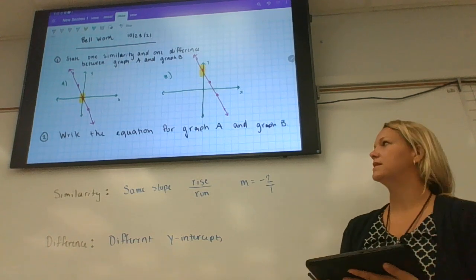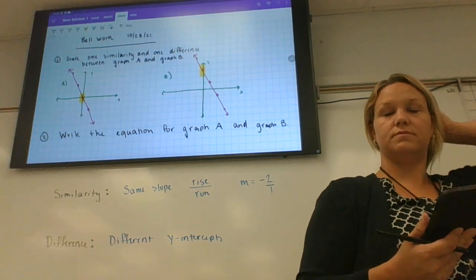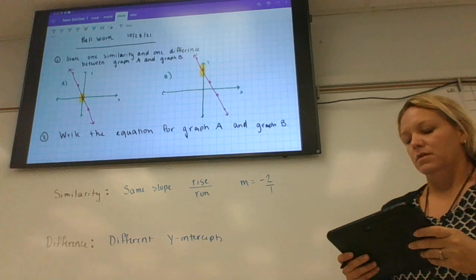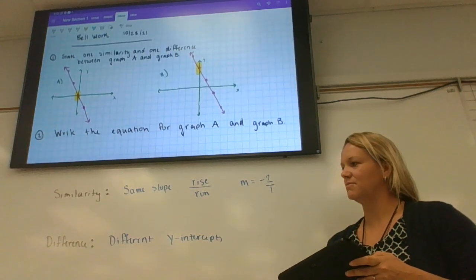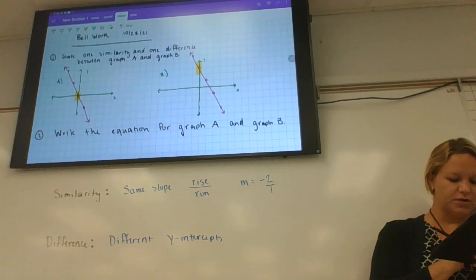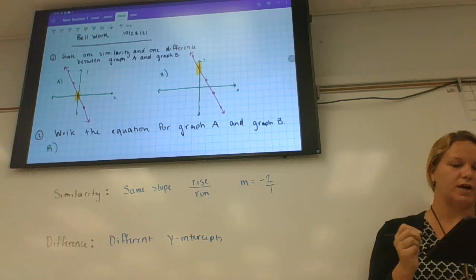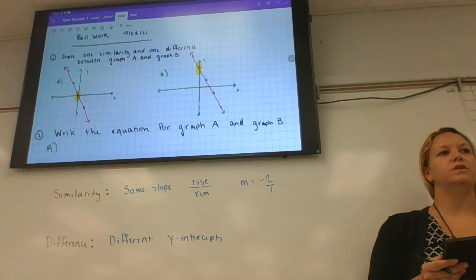All right, your next challenge is to write the equation for these graphs. Now we need to make an equation for the graph. So graph A, I think you can do. I'm not sure if you can do graph B. I'm sure somebody can. So who can do graph A?